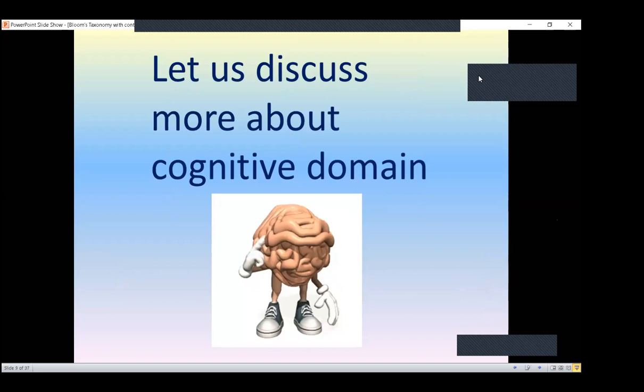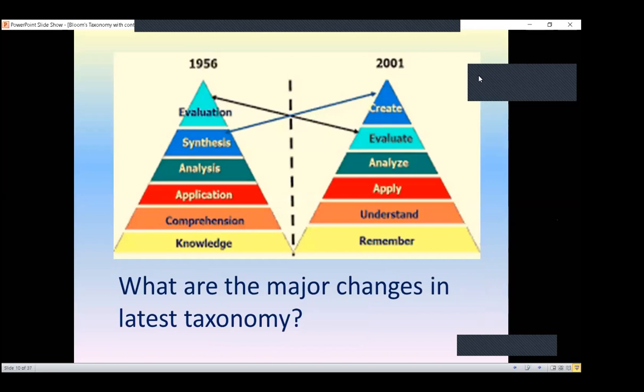So let us discuss more about the cognitive level. As I said, the cognitive level is related to our brain, our thinking skills. Let us see what other components come under this cognitive domain. Bloom's taxonomy in 1956 gave you these six levels: knowledge, comprehension, application, analysis, synthesis, and evaluation.